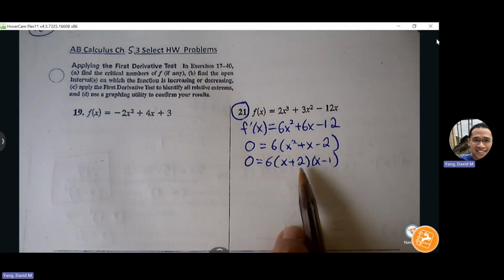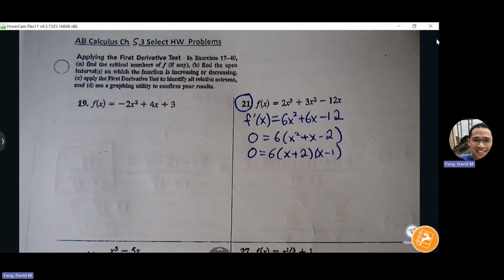Okay. You find your critical points here at -2 and 1. Populate your f prime sign line.